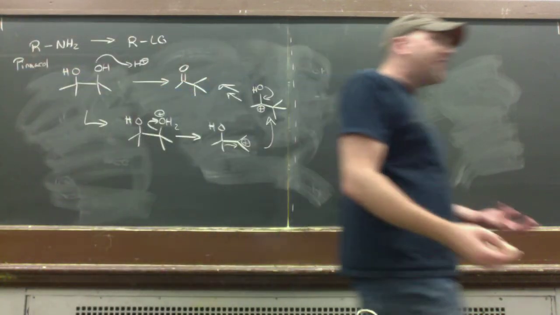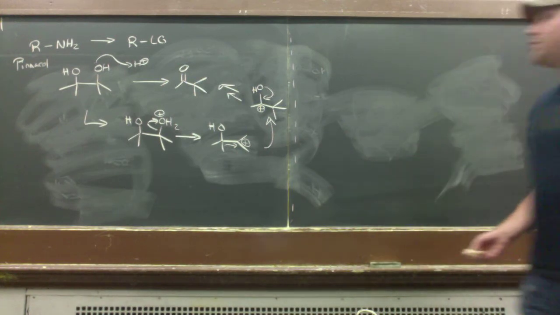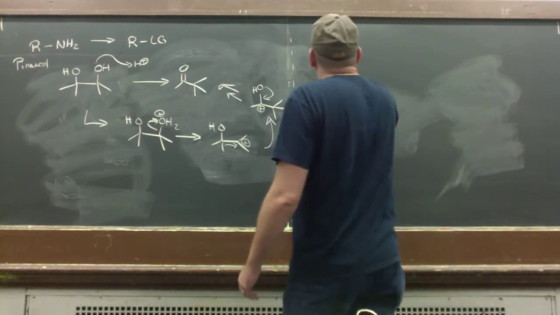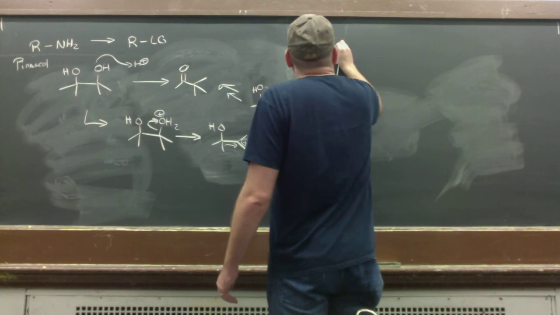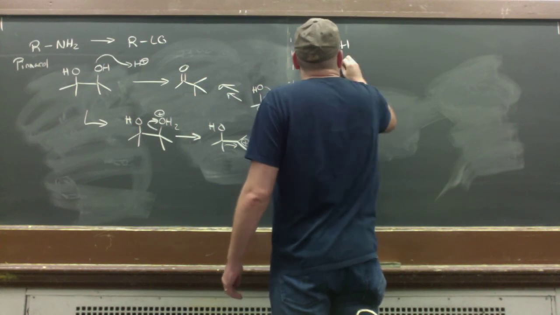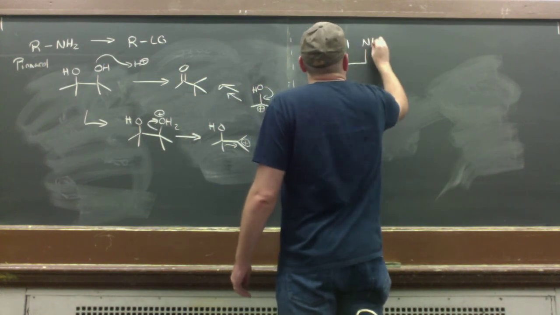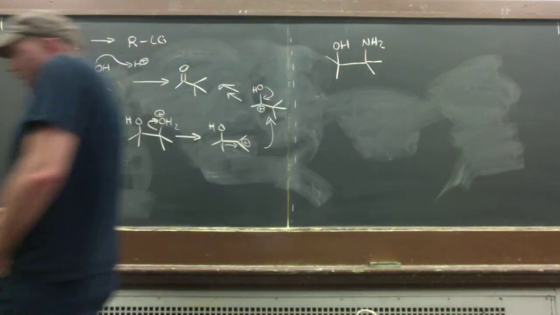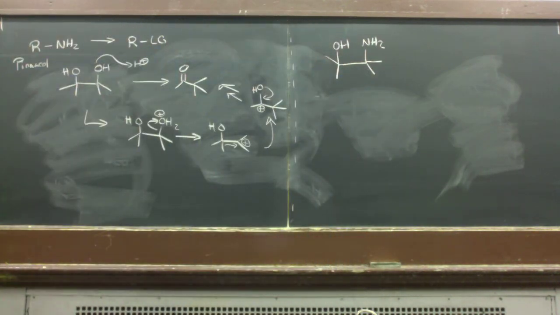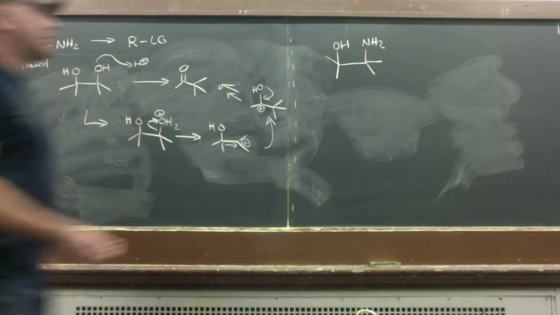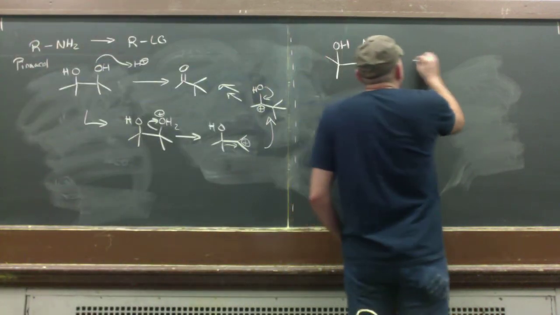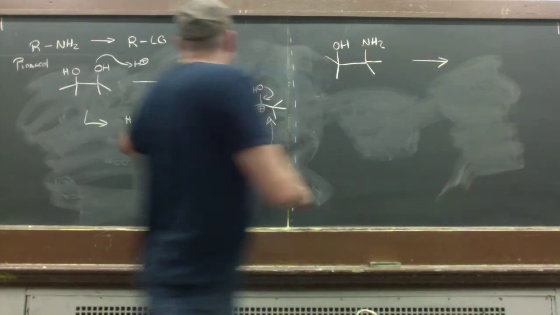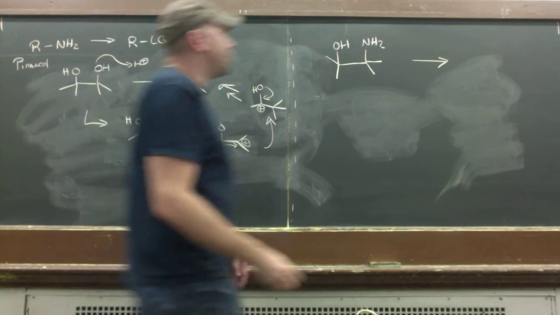So as you might imagine, to draw the analogy, in cases where you have a 1,3 diamine, if you were able to take that amine and make it into a leaving group, you might imagine similar chemistry taking place. And so, as it turns out, similar types of transformations to the pinacol rearrangement can take place.